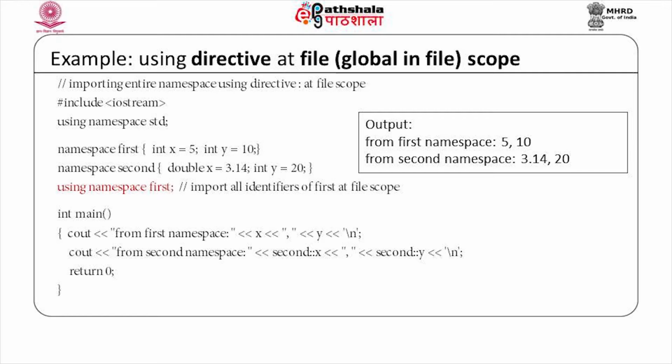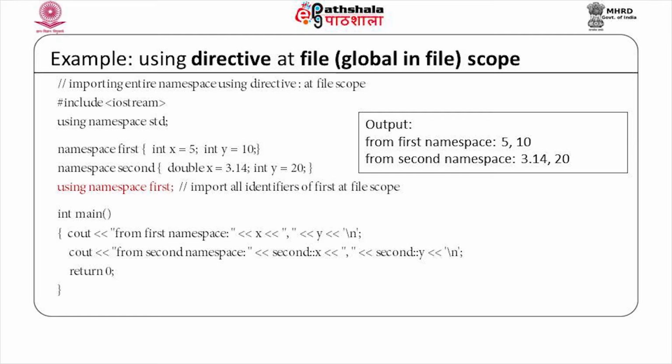So, to access the elements of first, x and y can be used just without qualification, but to access the elements of second, because we have not used using, we need to use the scope resolution operator. So, in the function we can see we have displayed the values of x and y without using the qualified name, but from the second namespace, of course, we need to use the qualified names like second::x and second::y.